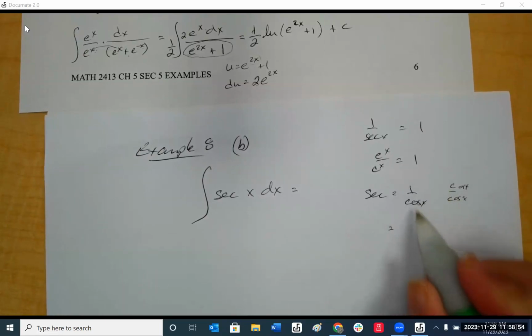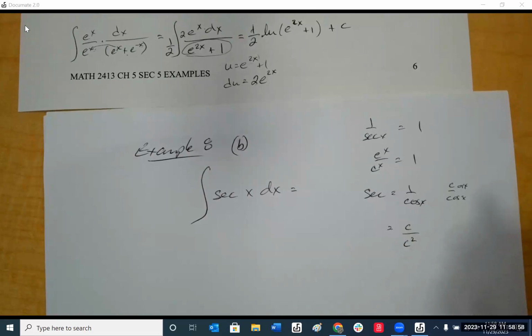Let's see this. We have cosine over cosine squared. We'll do that. Sine squared x.